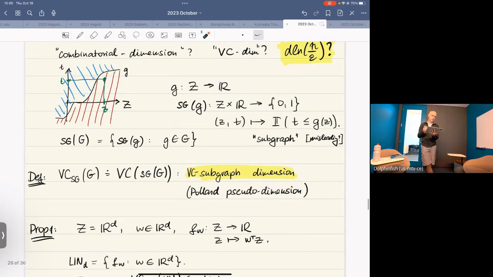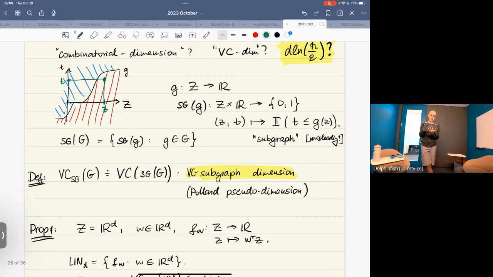So let's define the dimension of this real valued class as the VC dimension of the subgraph class assigned to G. The subgraph function takes functions mapping from Z to R and returns binary functions. You collect them for all the functions that you had, and that becomes this new set.